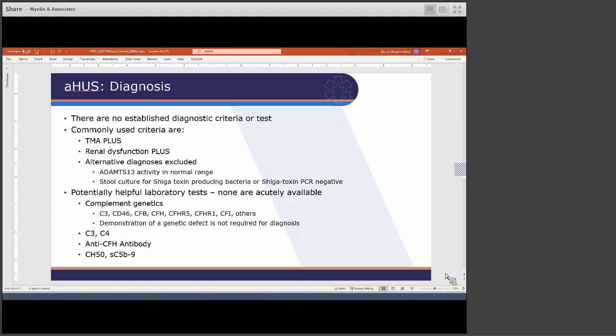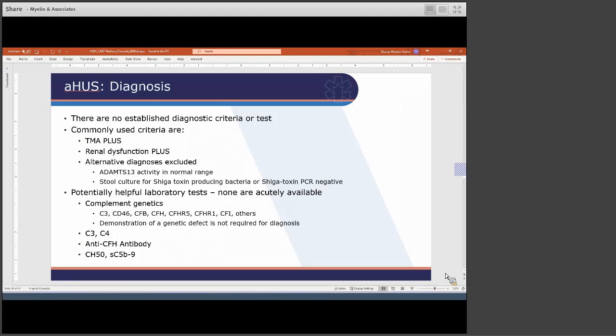So unlike TTP, where there is the ADAMTS13, it's a really good test, it's very specific, there's nothing like this for aHUS. And usually when you suspect aHUS, you must have the TMA, you must have renal dysfunction, and as a minimum, two most important alternative diagnoses must be excluded, which are TTP and Shiga toxin producing, or aHUS related to Shiga toxin producing bacteria.